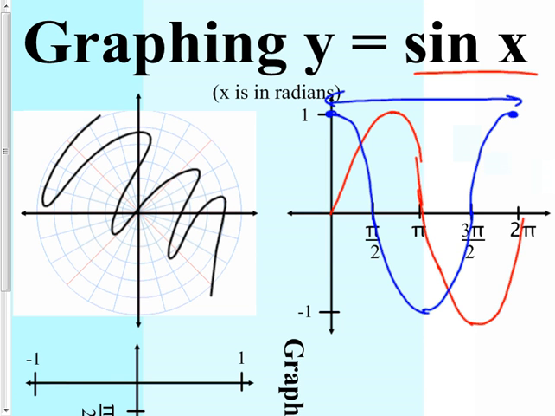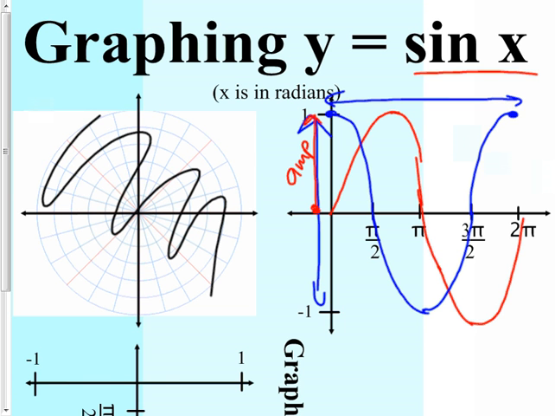This distance that they go up and down, the total swing is 2, but we would say that its amplitude is 1. The amplitude is only from the middle line up to its highest peak. So this is its amp.